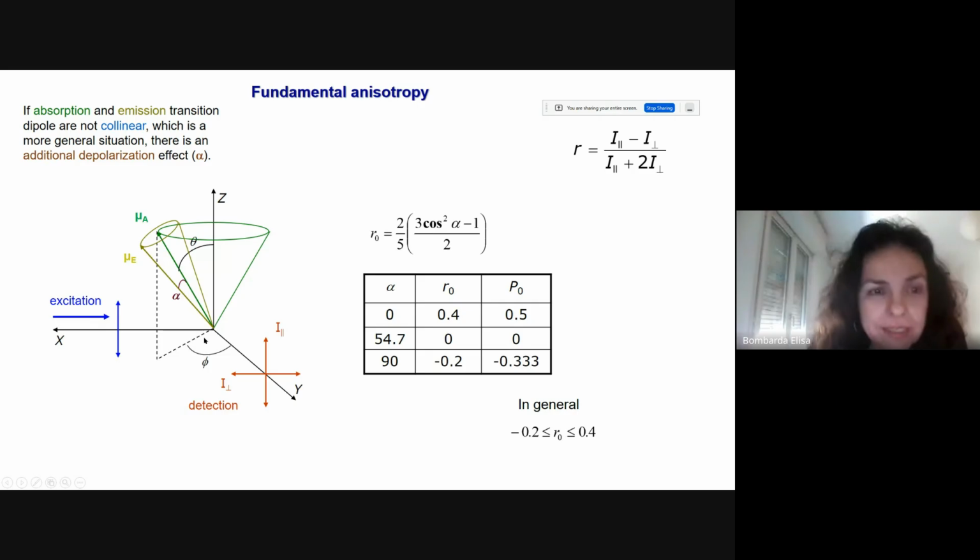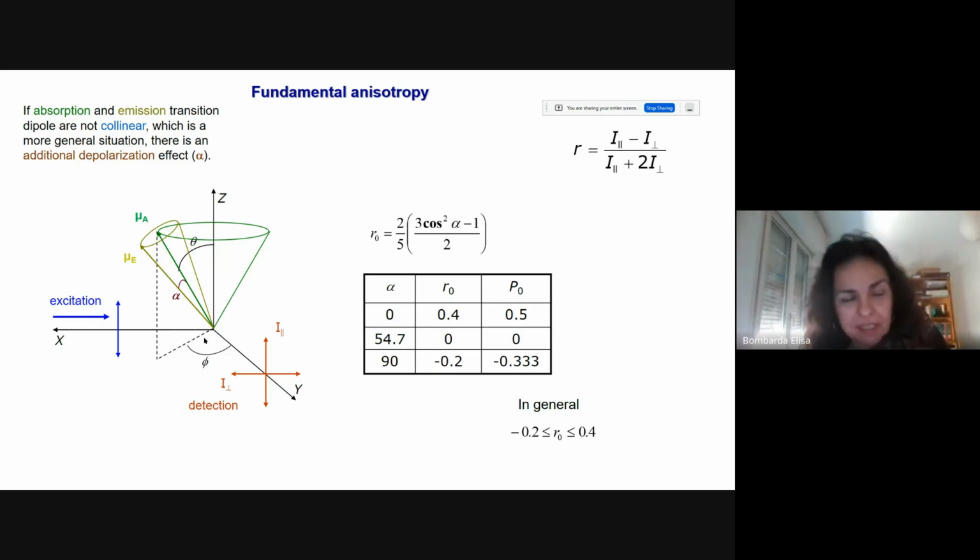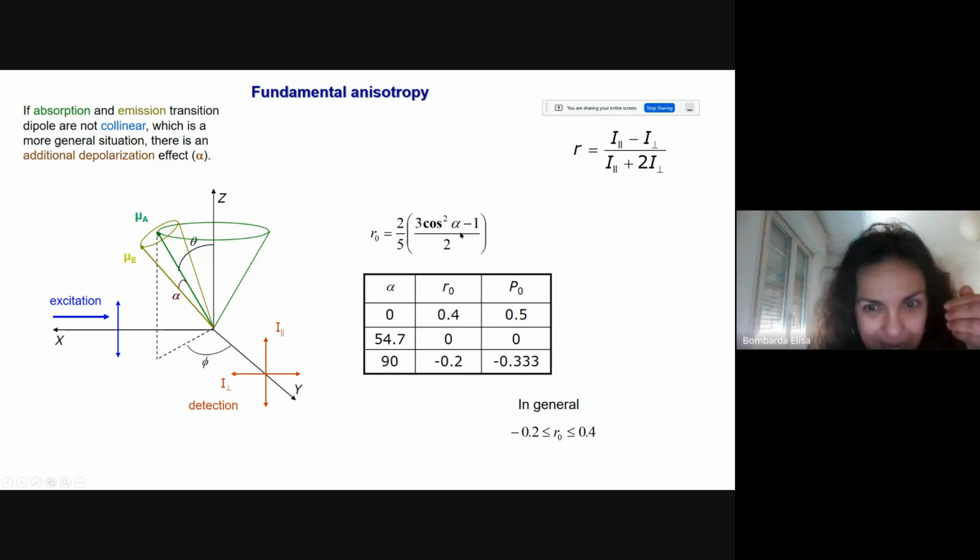Since we have seen that angles are associated to such a factor, we have to add to the 2/5 that we calculated before for the more extreme case also the contribution of this additional depolarization.